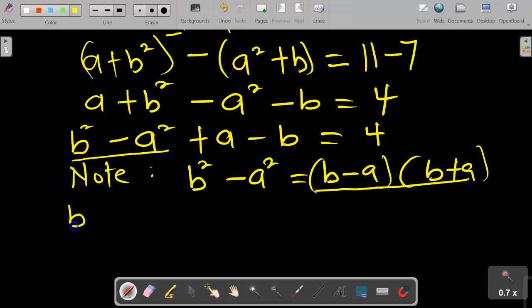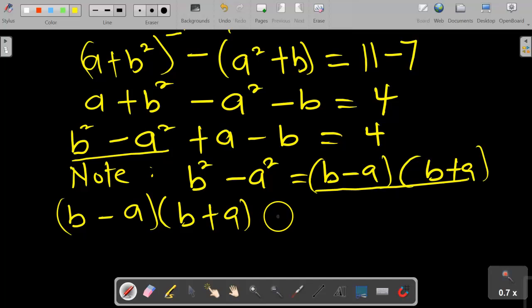So I have b minus a, then b plus a, plus a minus b, everything is equal to 4.